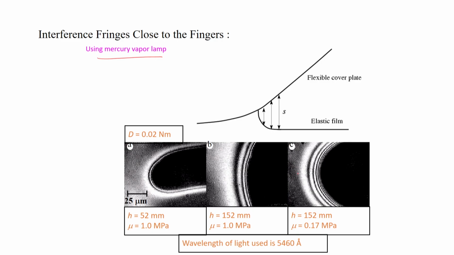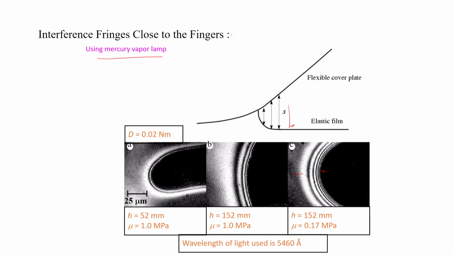The gap between these fringes can be obtained from the wavelength of this light and the fringe patterns. The distance between the fringes corresponds to a gap of lambda by 2, and so on. So, from that one can obtain the gap between the flexible cover plate and this elastic film.